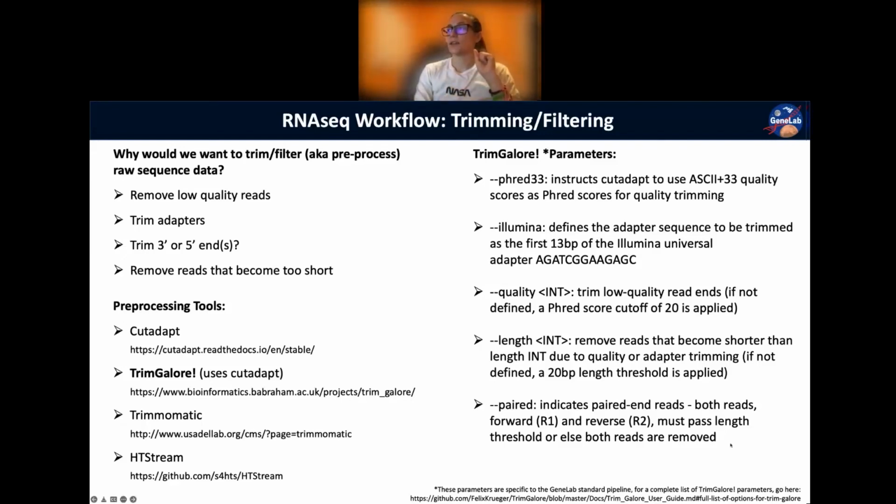Remember I mentioned that the reverse reads tend to be slightly lower quality than the forward reads, so you might end up having to throw away more reverse reads than forward reads. But if you throw away a reverse read, you'll have to throw away the corresponding forward read, or else you'll get errors in your other tools, because when you say paired end, it expects a forward and reverse read.